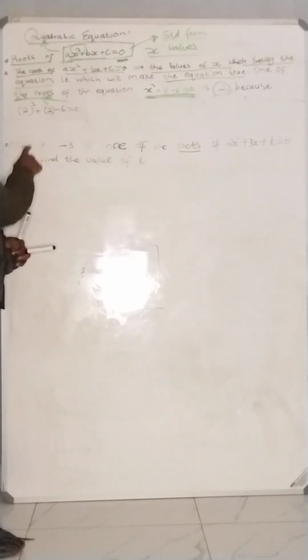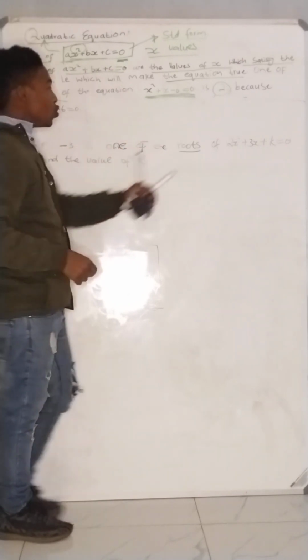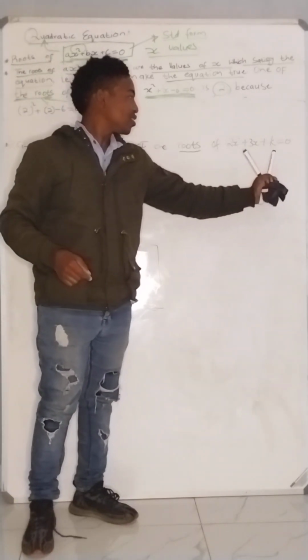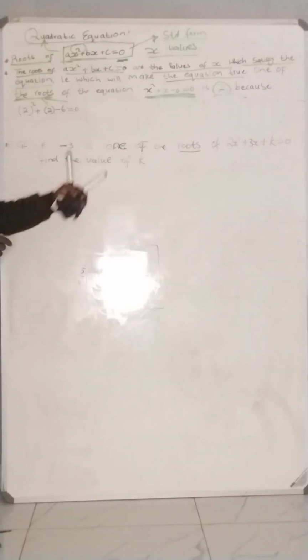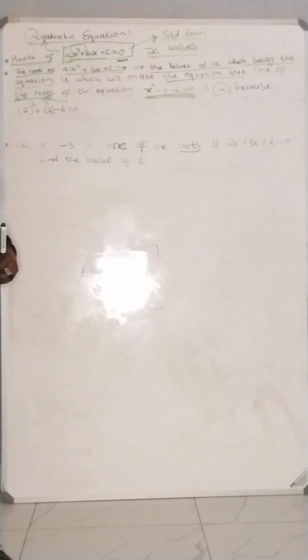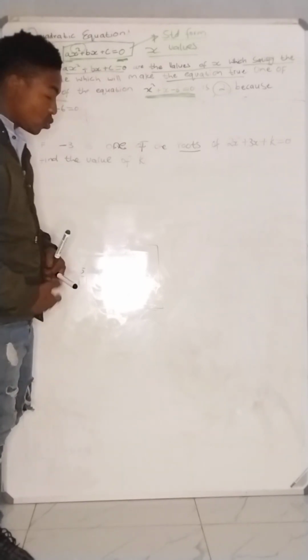So if minus 3 is one of the roots of 2x squared plus 3x plus k equals 0, find the value of k. K is a placeholder for c. They're basically saying to you that the value of x is minus 3, but they're not saying it straight, because remember again, we're trying to trick you.